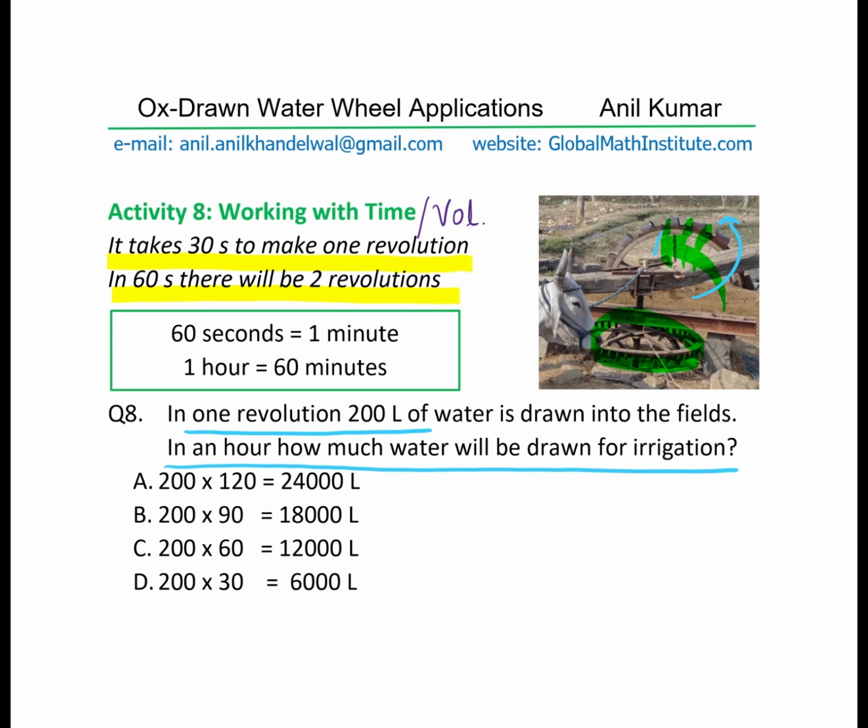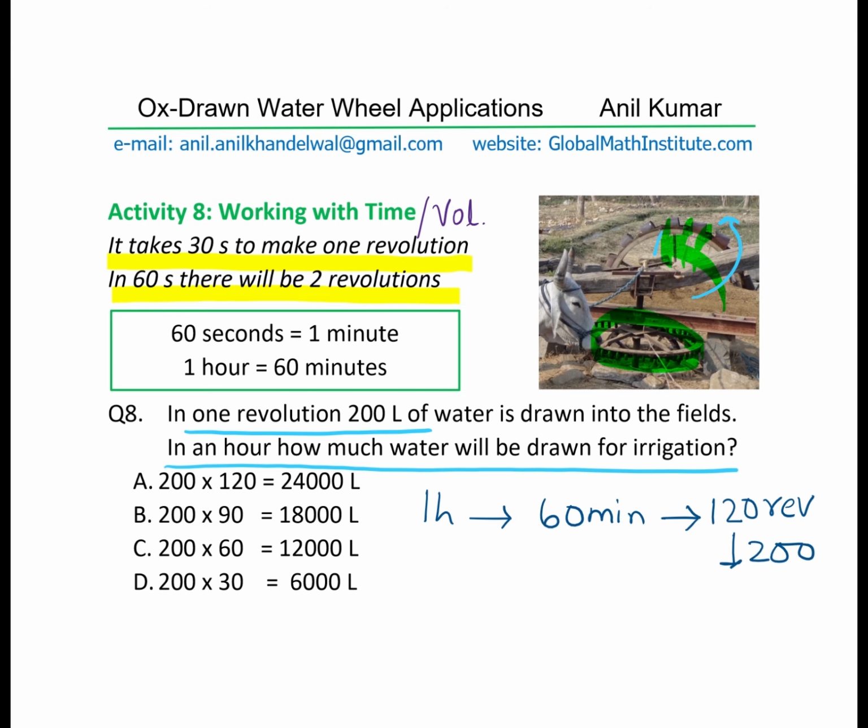Perfect. So now, once again, 1 hour is how much? 60 minutes. Now 60 minutes is twice 120 revolutions. We know that. Now we are saying one revolution is 200 liters. So we have to multiply this by 200 to get the amount in liters.